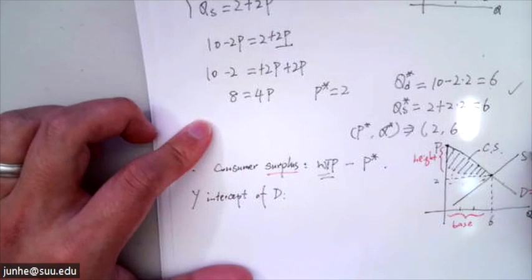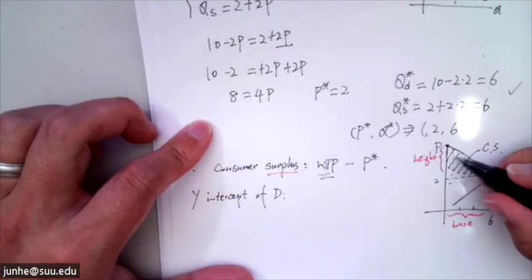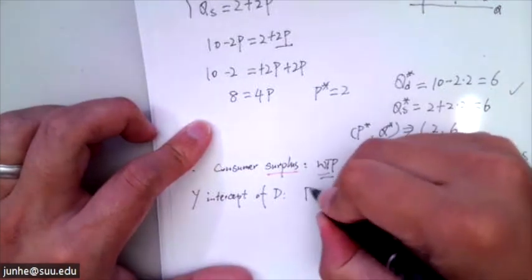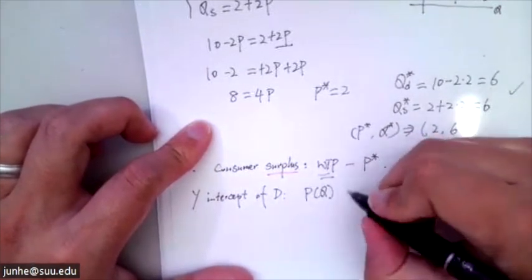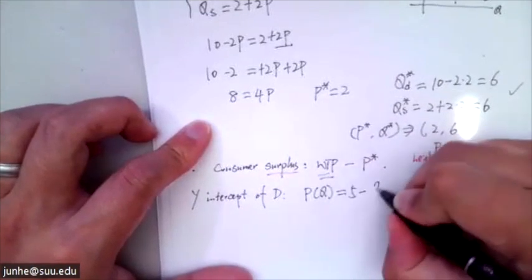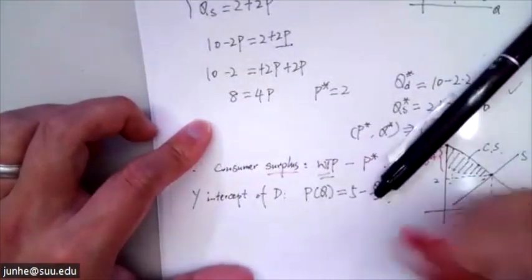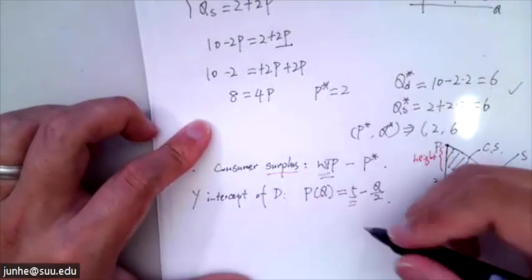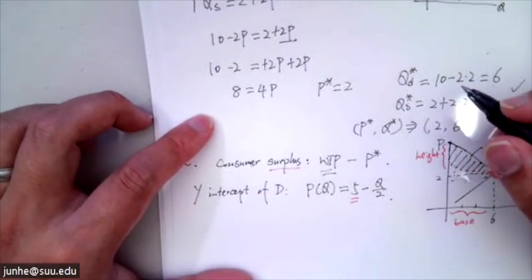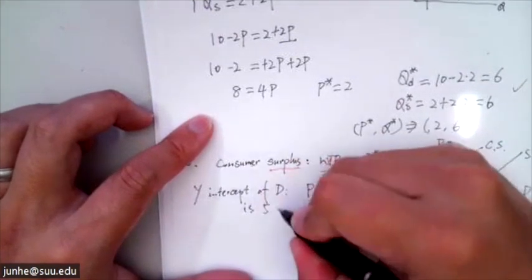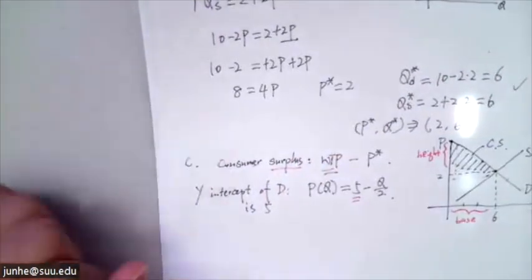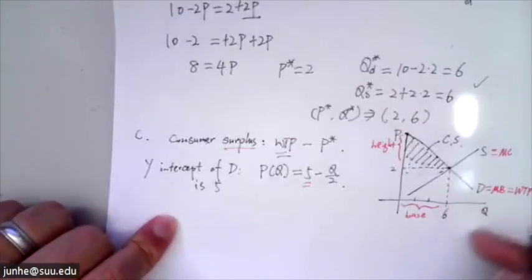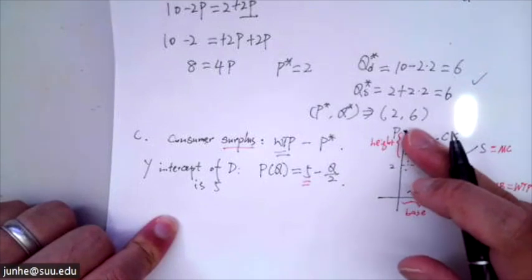Demand and supply are inverted, because we want to find the price at any quantity. So in this case, we're going to utilize P(Q) equals 5 minus Q over 2. And here the intercept is found as 5. When Q equals 0, P is 5.